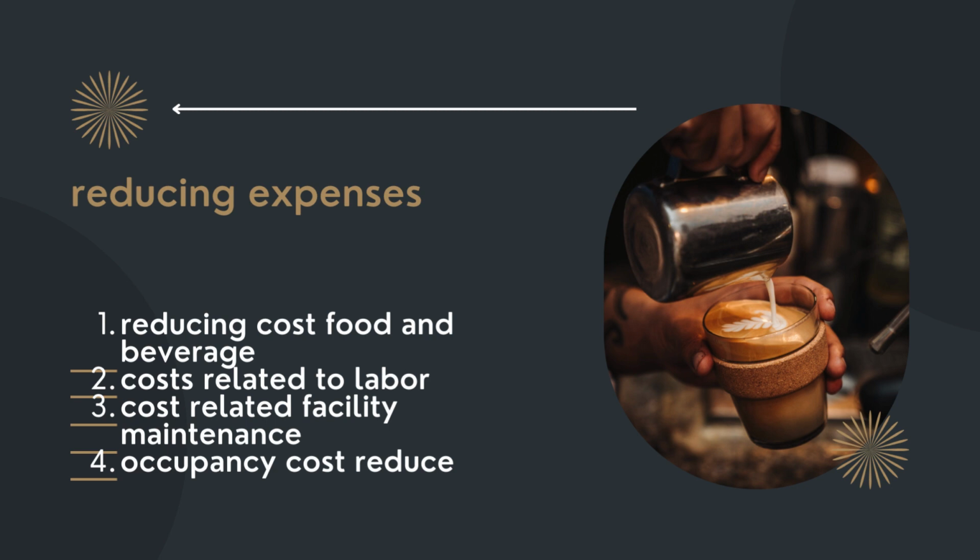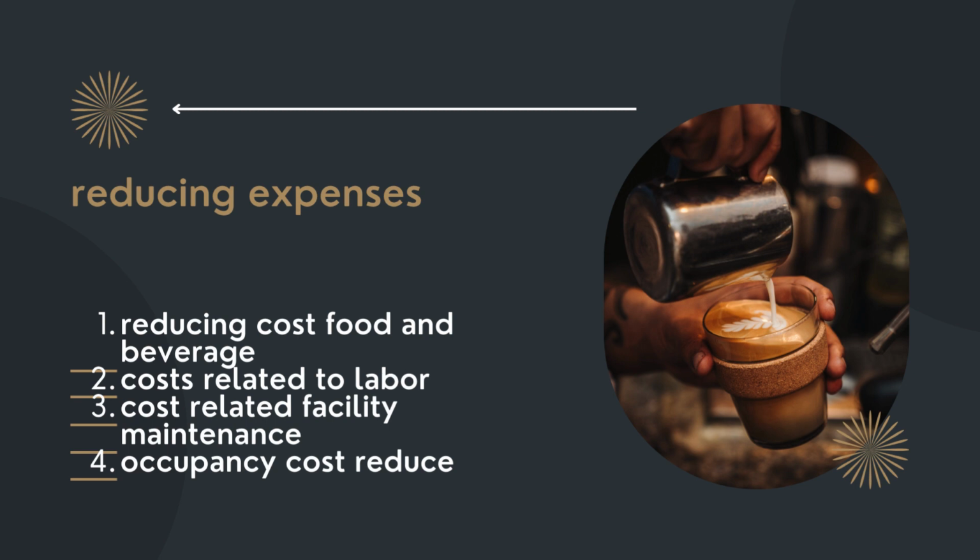Okay, we have also reduced costs with regards to facility and maintenance. So, for example, for the electricity, everything that we use, especially for the energy, we need to manage the energy level, like for example the water consumption, the electricity consumption. So we need to turn off everything in order to reduce the electricity consumption, which is very important.